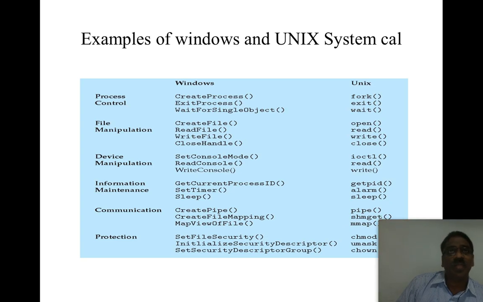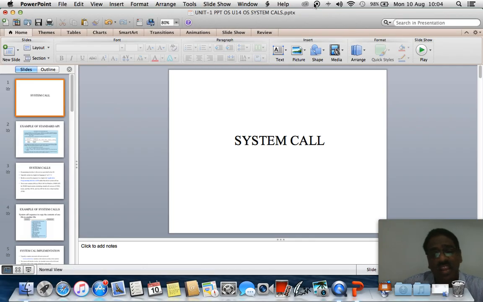Creating a process means, what is creating a process? Malloc. Whenever you implement a stack and queue, you are using malloc, creating a process. Deleting a process, delete process name. These are all things we have to use in Windows and Linux. And this is the end of the session.